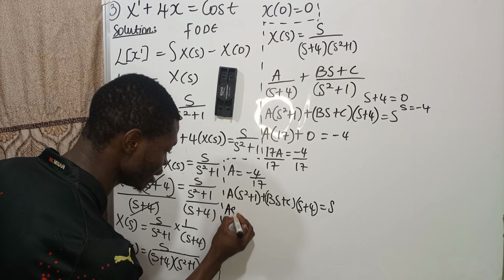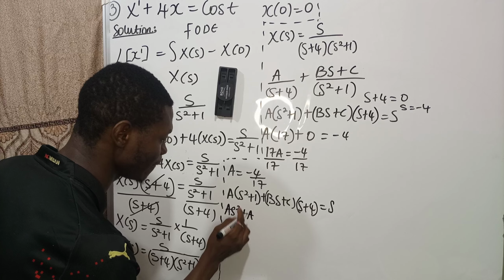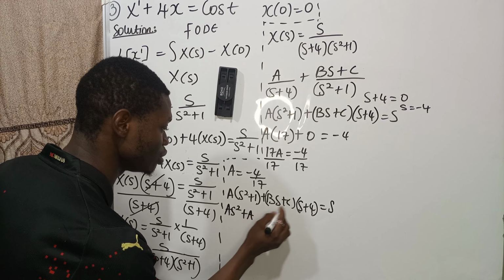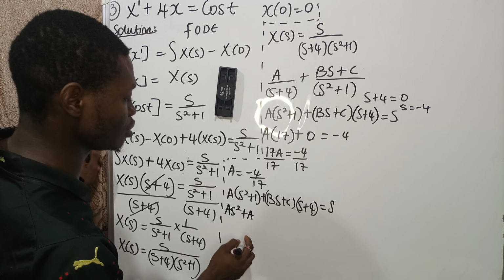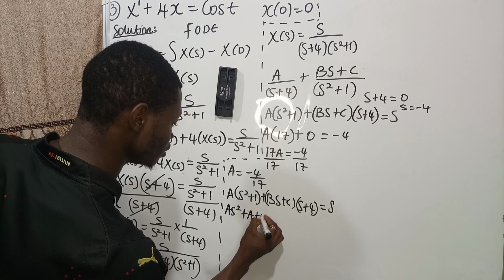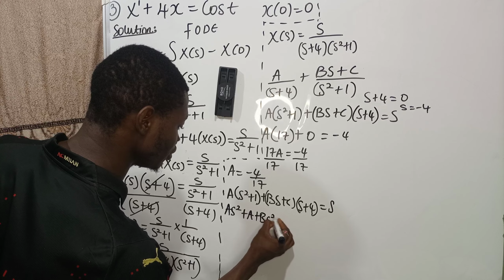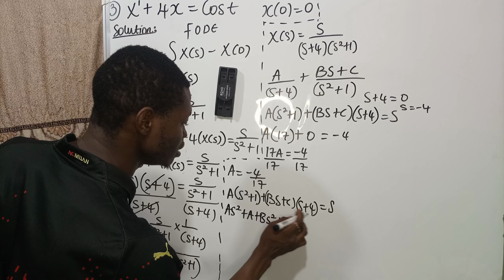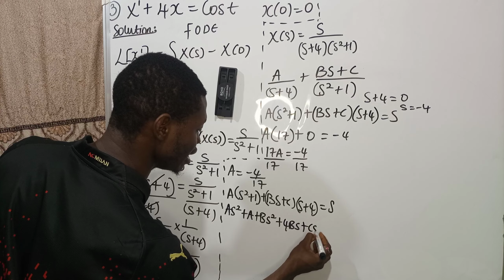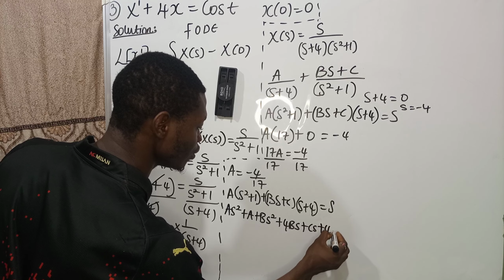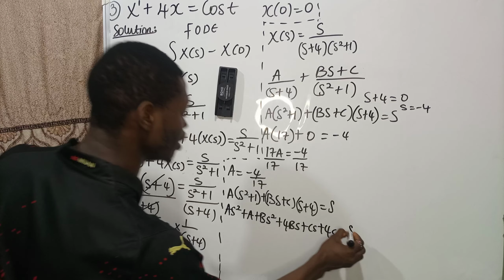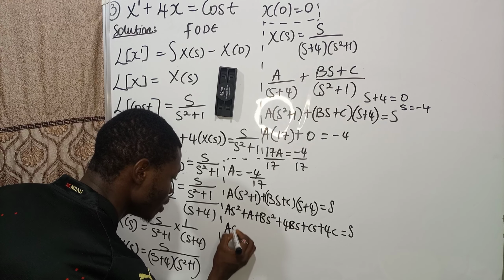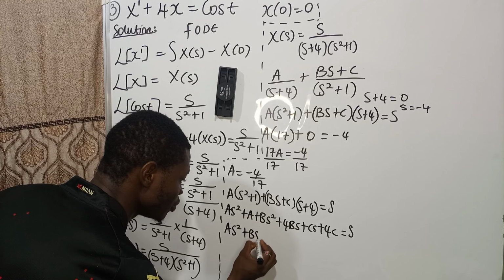This times this gives As squared plus A. Then this times this gives plus Bs squared. This times this gives 4Bs. This times this gives plus Cs. This times this gives 4C is equal to s. So you can collect like terms. Those with s squared come as As squared plus Bs squared.